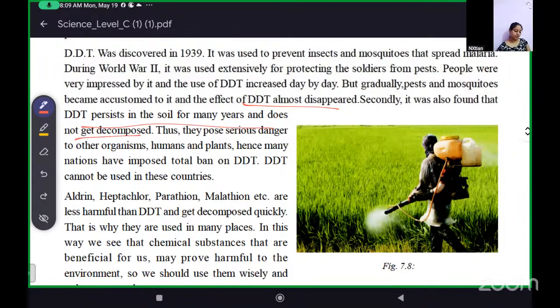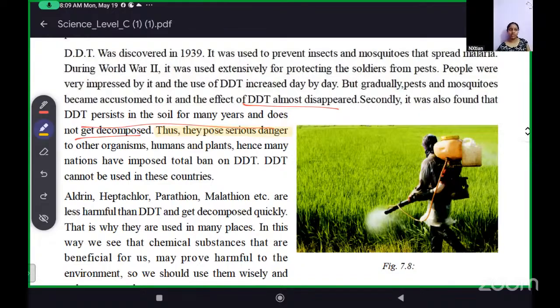Ma'am, the main awareness about DDT came from Rachel Carson, I think, who wrote a book named Silent Spring. After people read this book, the ban on DDT started to happen. Okay, the first book raising awareness that DDT is bad. I think so.